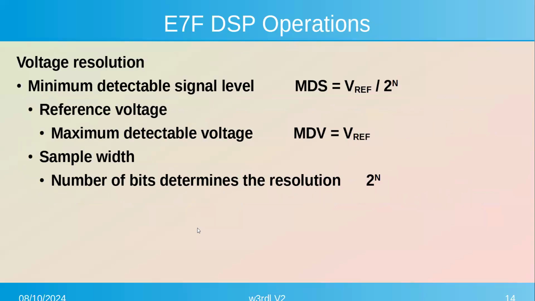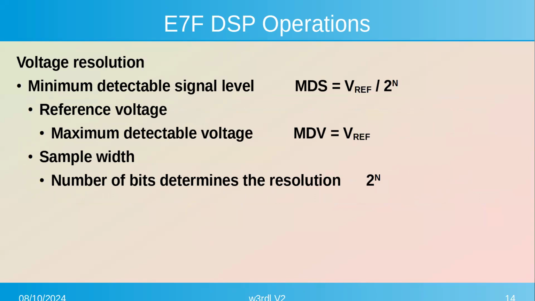Okay, the other aspect is voltage resolution. So we have to have a high enough sample rate to be able to operate on the frequency that we want to. Then we have to look at voltage resolution to see what's the minimum detectable signal that we can actually detect.